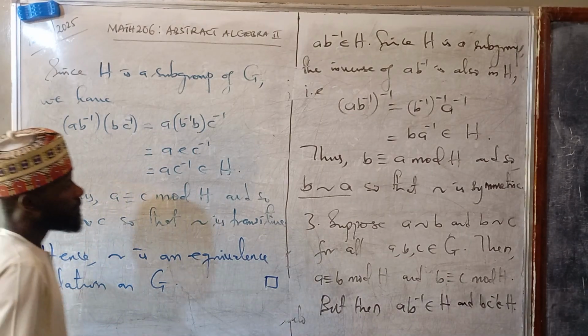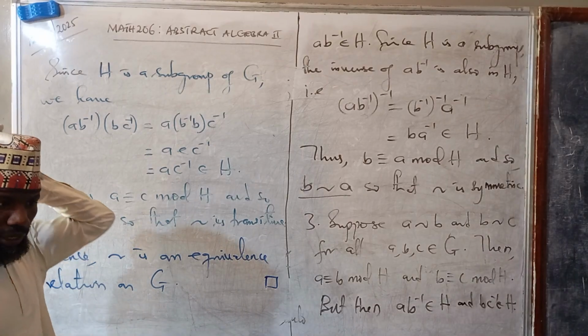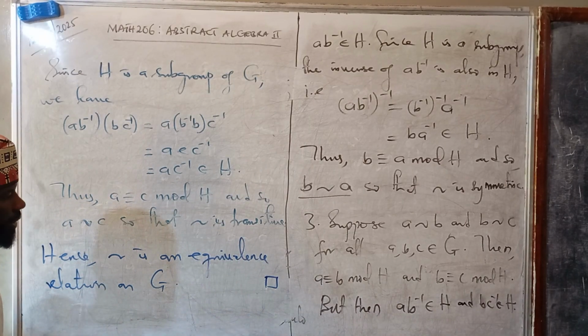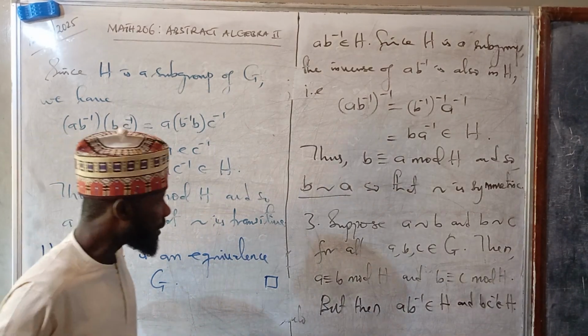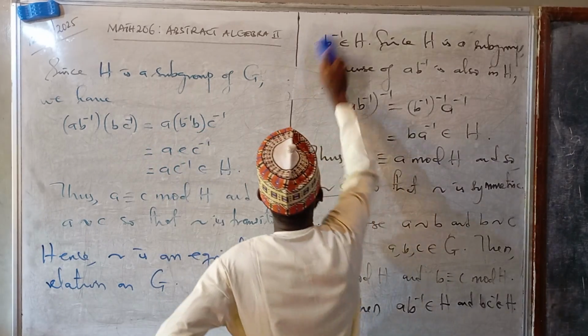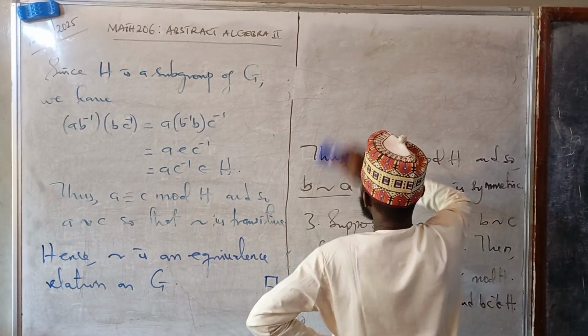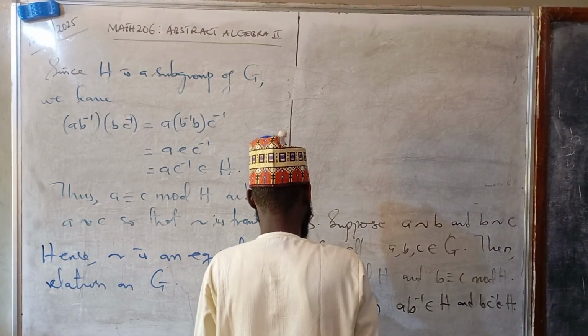Now the question is, so what do we do with it? If you prove that something is an equivalence relation, what is the advantage of having an equivalence relation on a set? It partitions the group into equivalence classes.